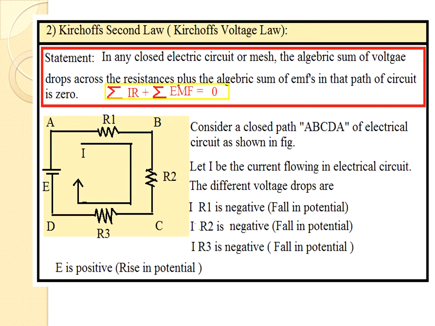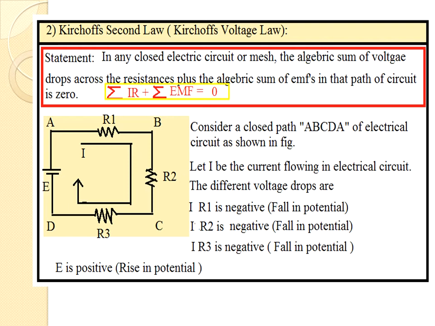Rise in potential is taken as positive. Hence, you see there A to B, I is the current, R1 is the resistance. I into R1, loop direction A to B, current flowing direction is also A to B. Hence, there is a fall in potential. I into R1 is the voltage drop. It is negative, fall in potential.